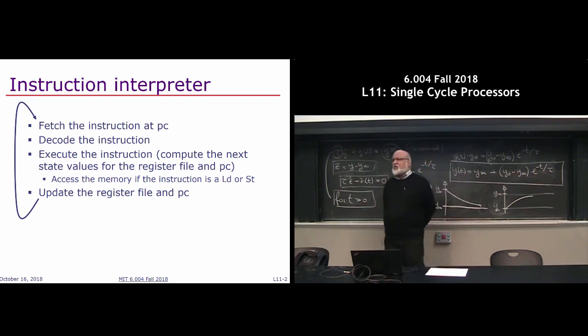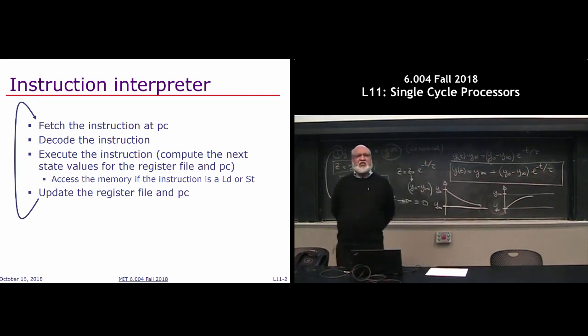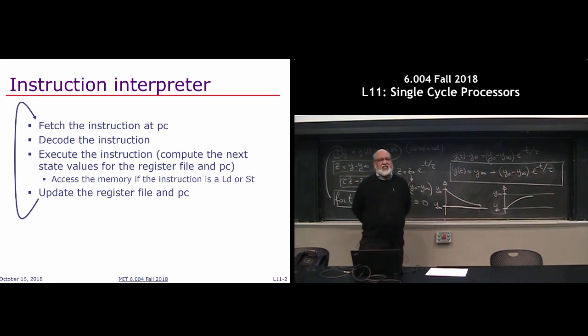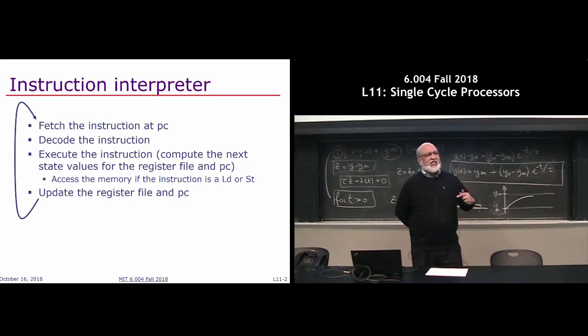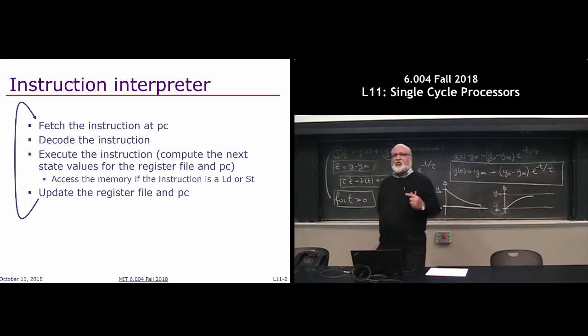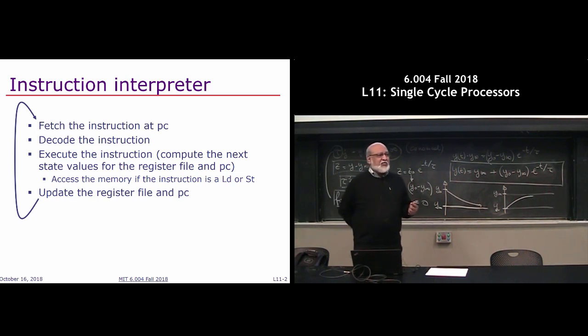So if it's an add instruction, you add and you produce the results. And then in the last stage, you actually go and update the register file, the state of the machine. And you do this repeatedly. Updating the state of the machine implies that you're also updating the program counter. And if you have updated the program counter, then when you go and fetch next time, you'll be fetching a different instruction. So this is what you do repeatedly.